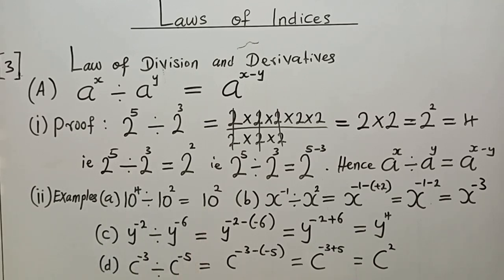Therefore, instead of moving through the long process of first converting this to ordinary form and this to ordinary form and later dividing, we just follow a trick. A trick is in this law. The trick is just subtract this from this, and the result becomes the power of base 10.